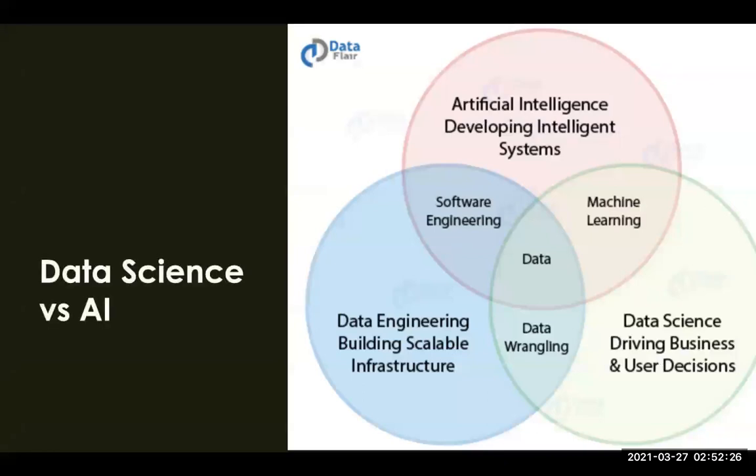And I put this chart for you to see the relationship between the fields. Artificial intelligence is about developing intelligent systems. Like the ATM you are seeing, there was some machine learning, some AI going in there, so that once you slot in your ATM card, it prompts you to answer a question, like, enter your PIN.